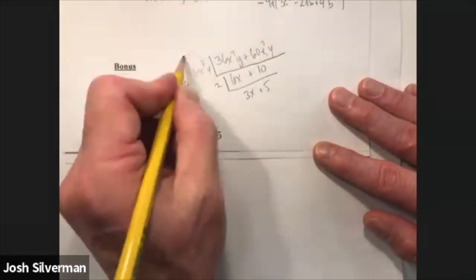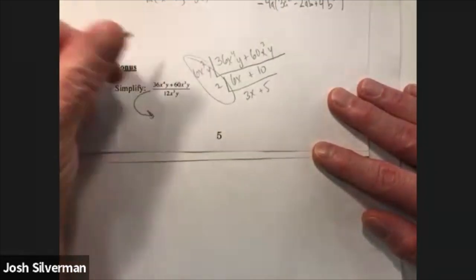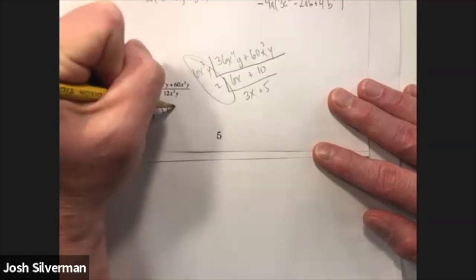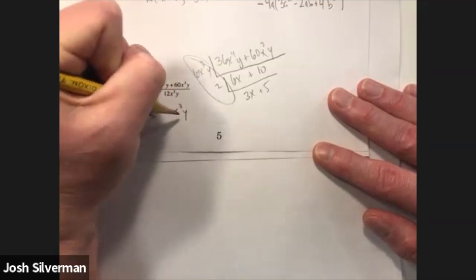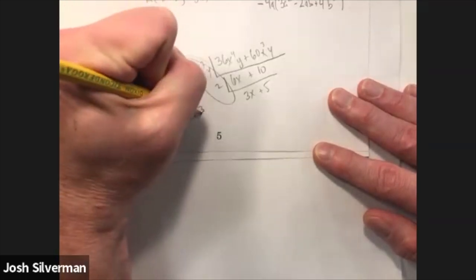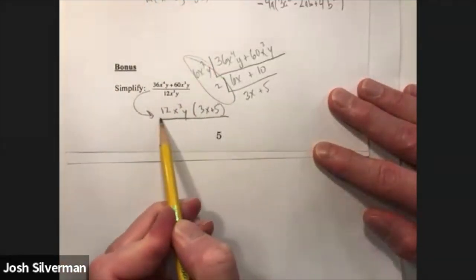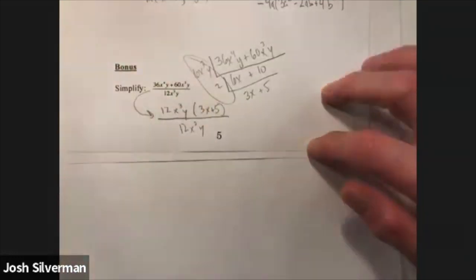What is on the outside is all of that multiplied together. So when we simplify this fraction, it first gets factored into 12x cubed y times the quantity 3x plus 5. And then what's on the bottom? 12x cubed y.